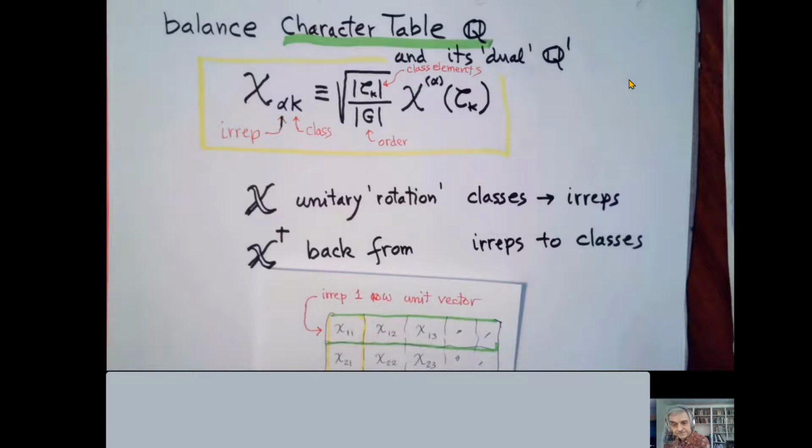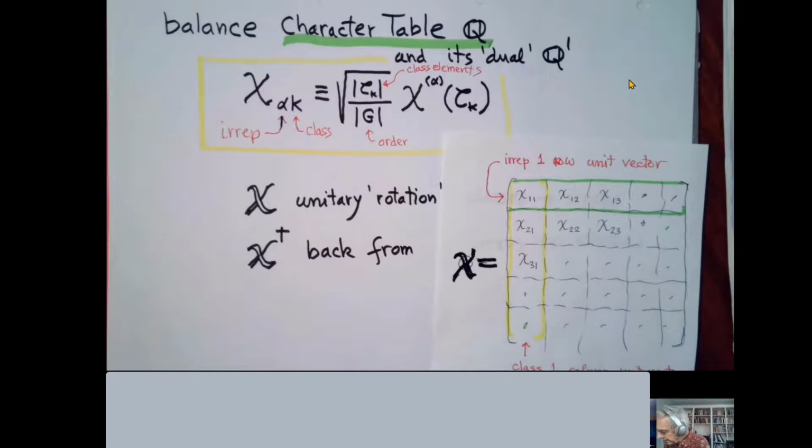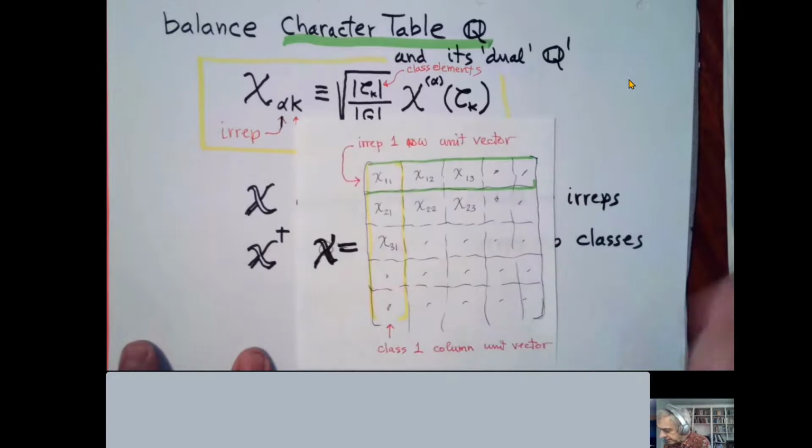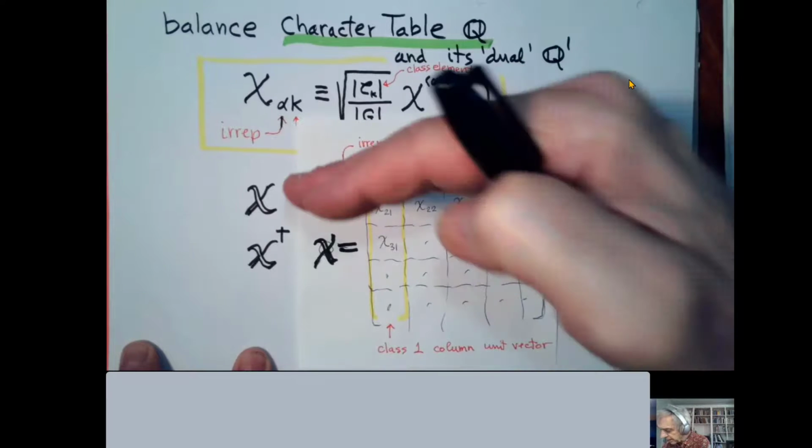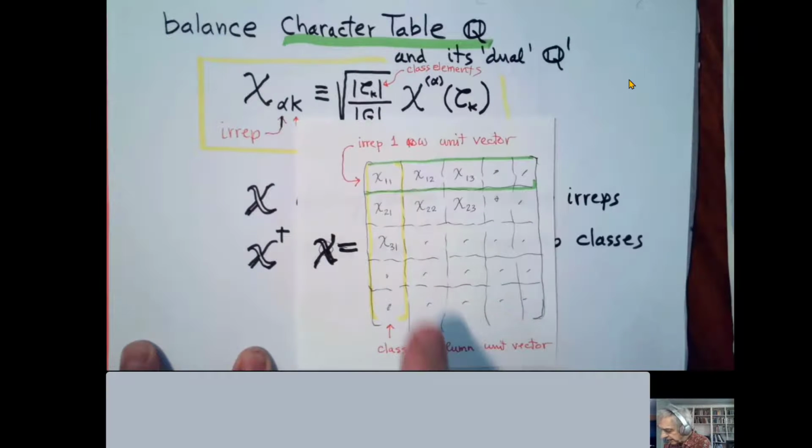And what chi does, if I had a vector of classes and I multiplied it, it would send it into the irreducible representations. So when I act on a state that's labeled by group elements divided in classes, this will produce irreducible representations.